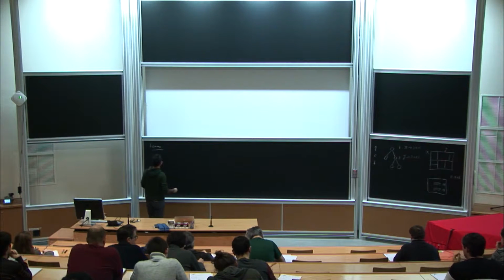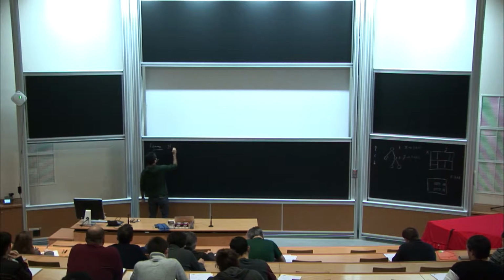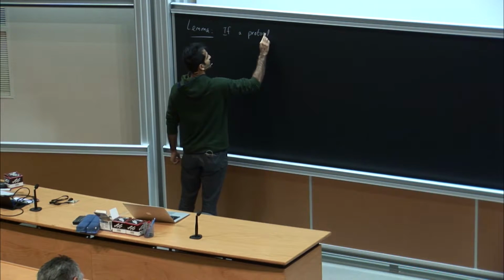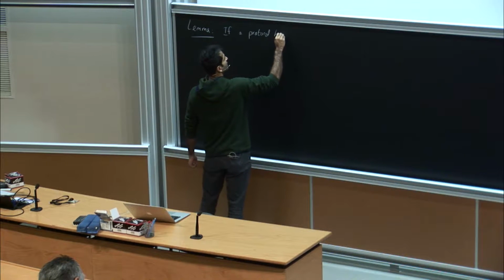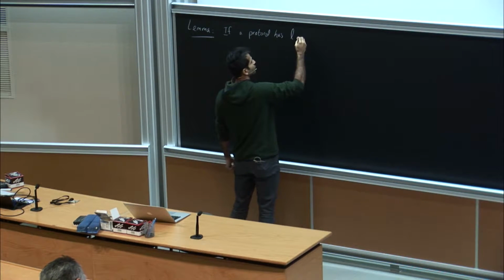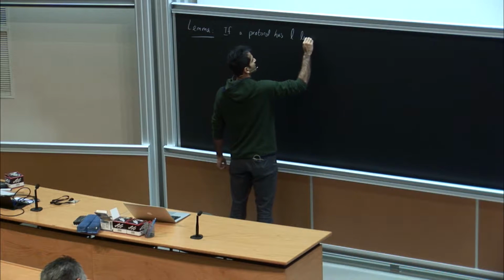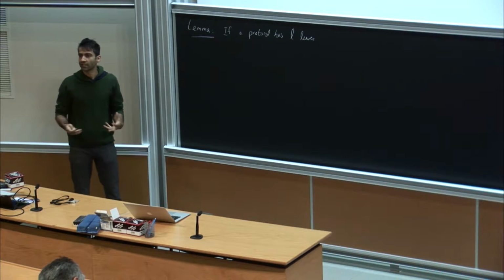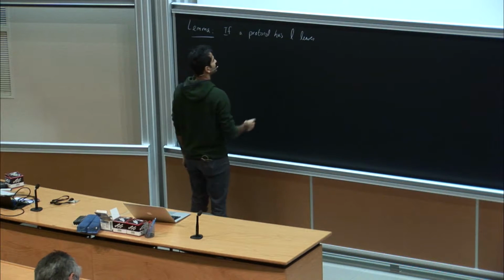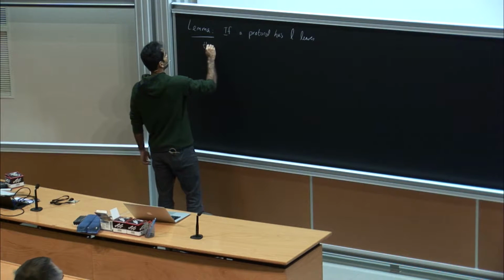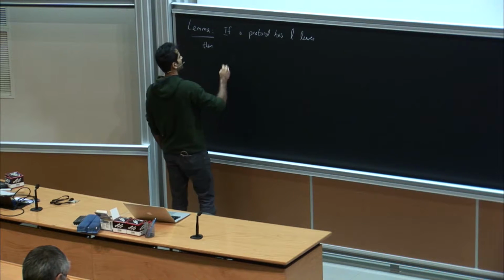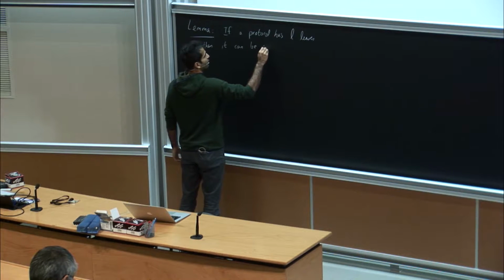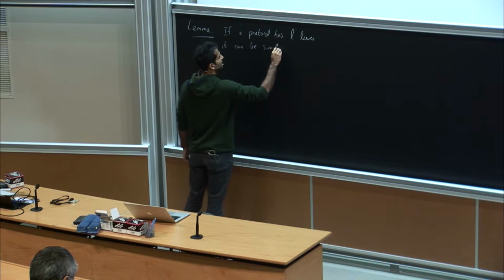It says that if a protocol has L leaves, or L nodes, in a tree the number of leaves is essentially the number of nodes up to a factor of 2, then it can be simulated using order log L communication.